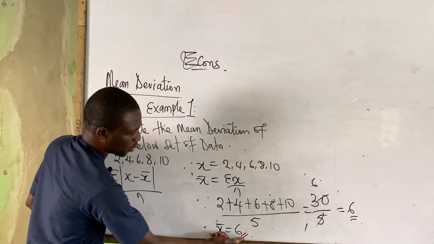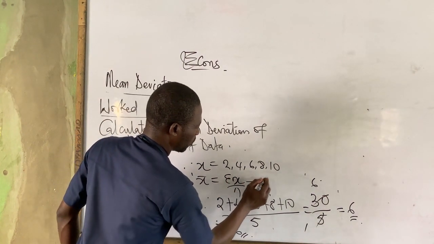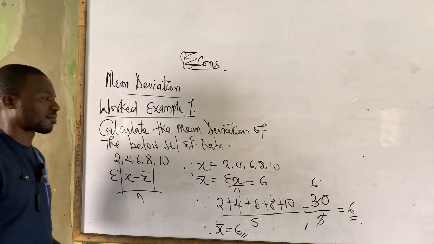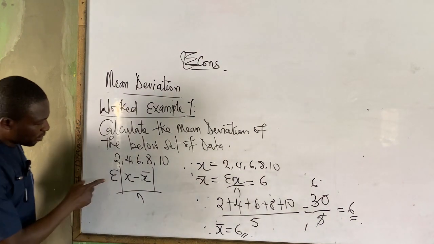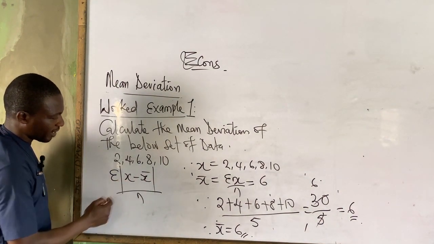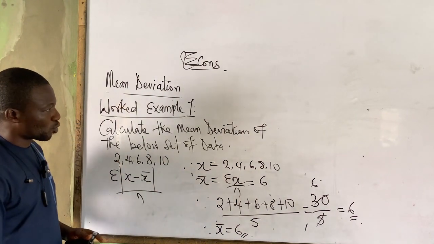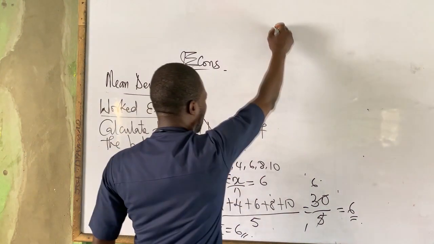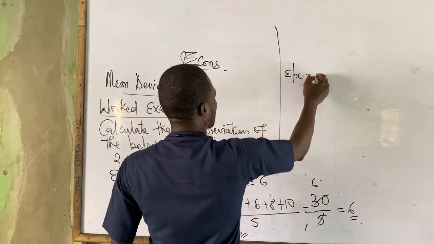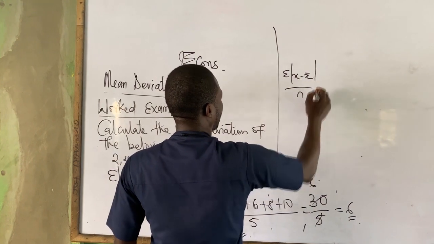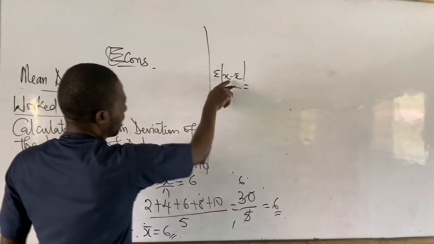And our bar x here is 6. Now, we go back to the formula. The formula here is summation of the modulus of x minus bar x, all over n.